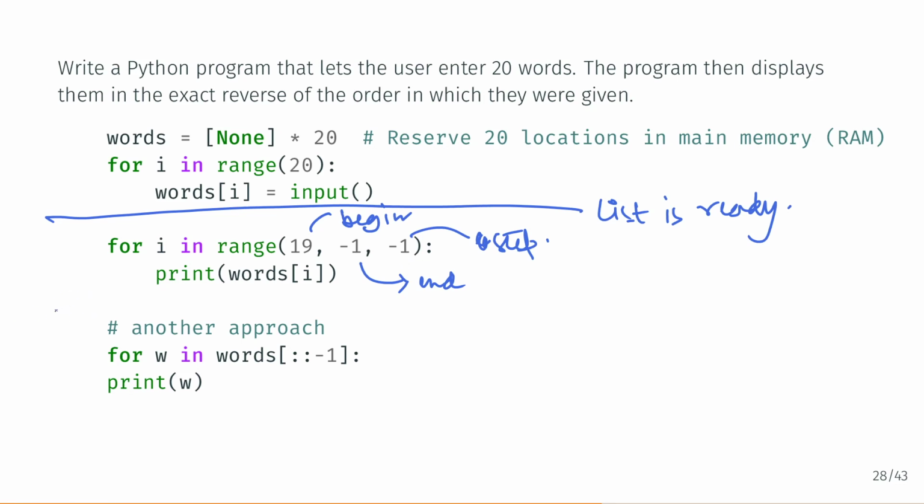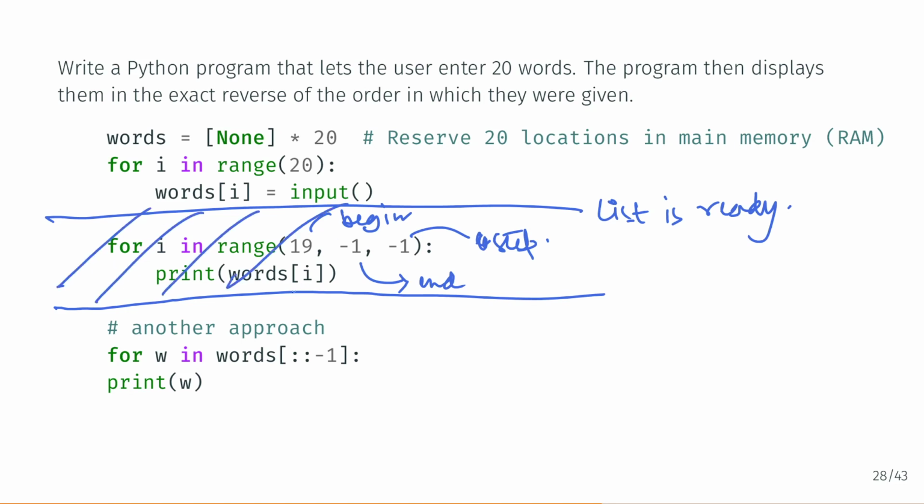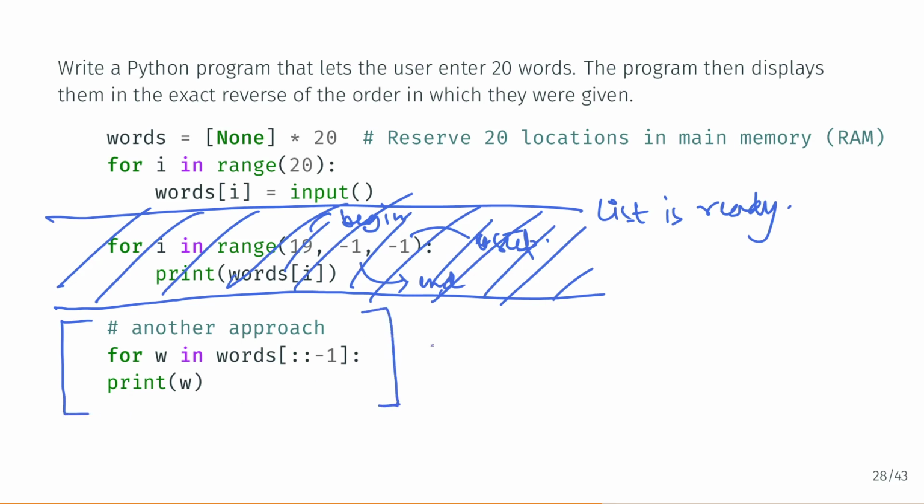But you may have figured this out. This is not really useful for us. I mean, it's useful obviously, but it's not required. It's overkill because we already have this notation right here, okay? This rather nice notation with a negative step size, right? And all we can do is for W in words, print W with a tab.